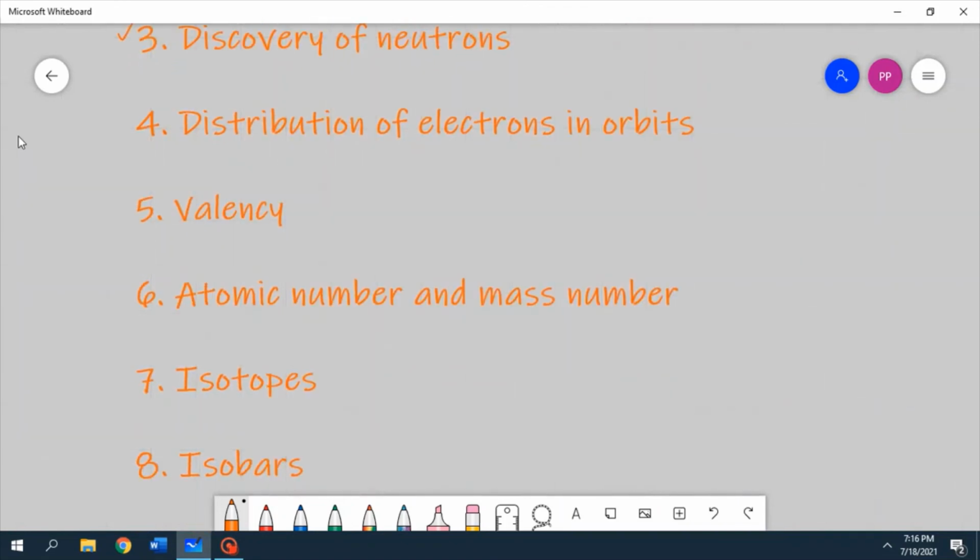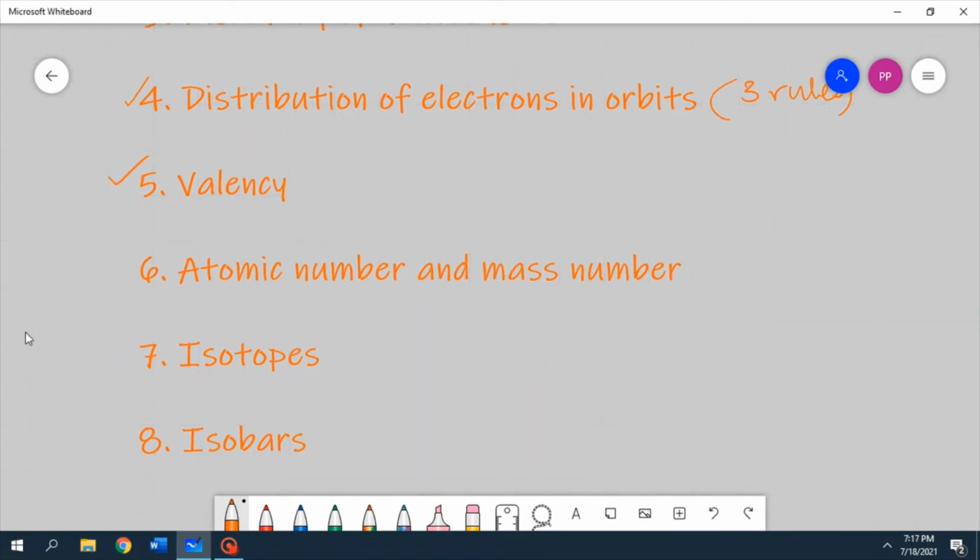And then we learned about the distribution of electrons in orbits, the 3 rules. And then we learned about the valency. We learned about atomic number and mass number. Atomic number is represented by the letter Z, and mass number is represented by the letter A. And then we learned about isotopes, which have same atomic number, different mass number.